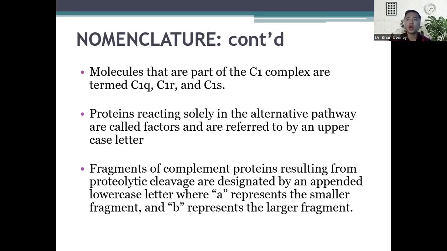Why was it called complex? From the term itself, complex, it's not simple, no? Why? Complex, it's because it is made up of several subunits or several proteins. In this case, 3 proteins, C1Q, C1R, and C1S.